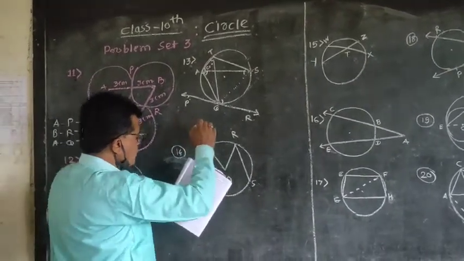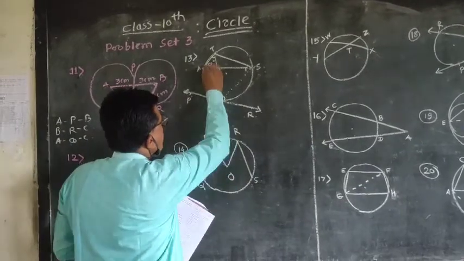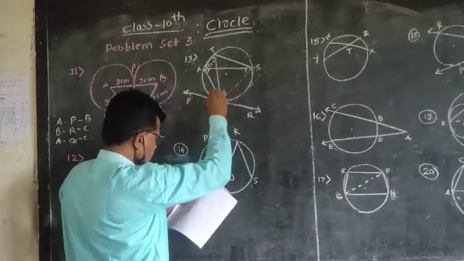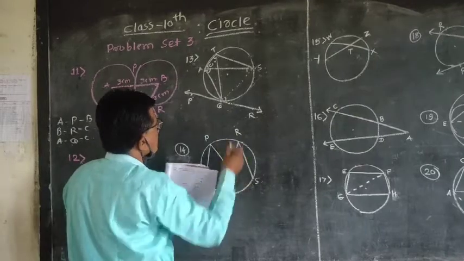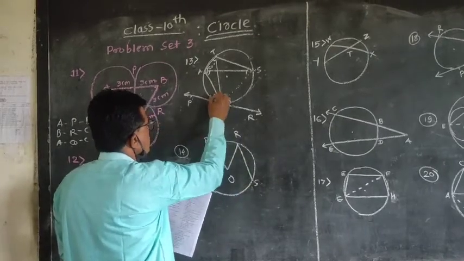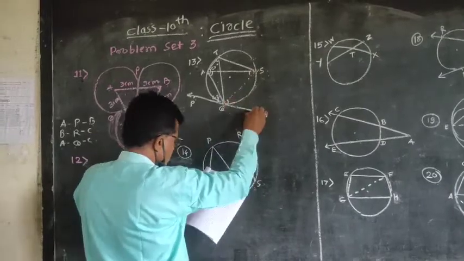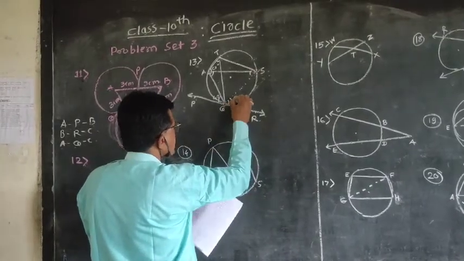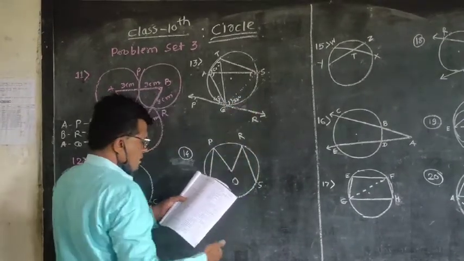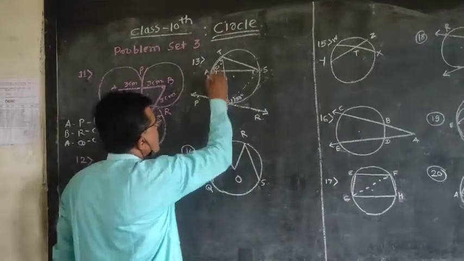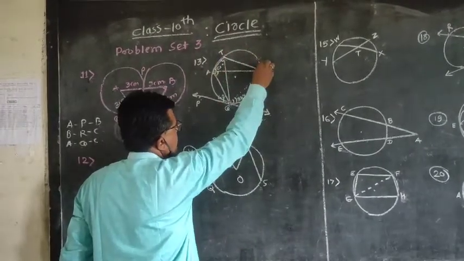Question number 5: angle AQP is equal to 42 degrees and angle SQR is equal to 58 degrees. Find the measure of angle ATS.